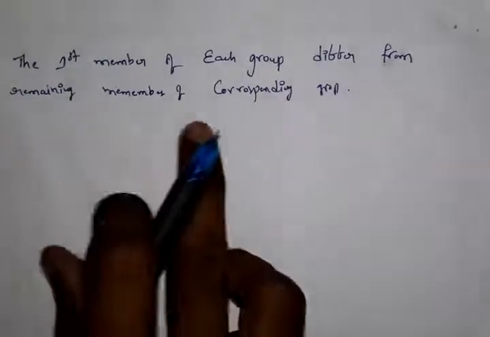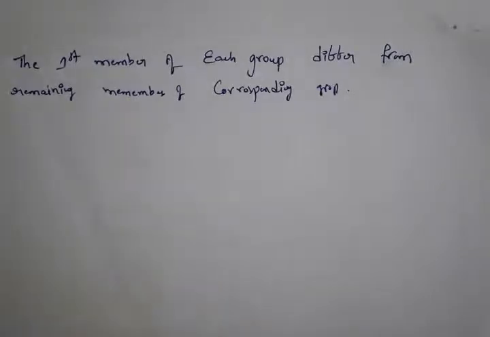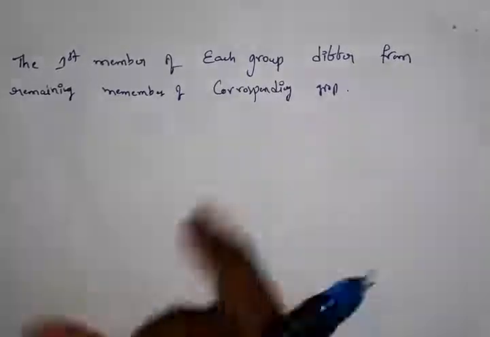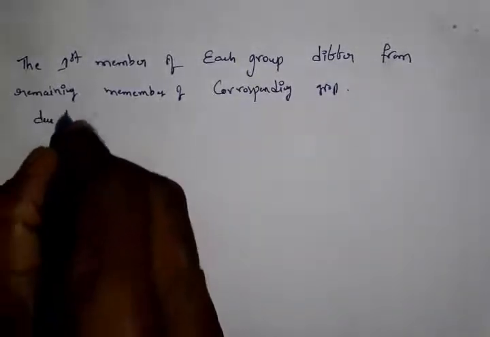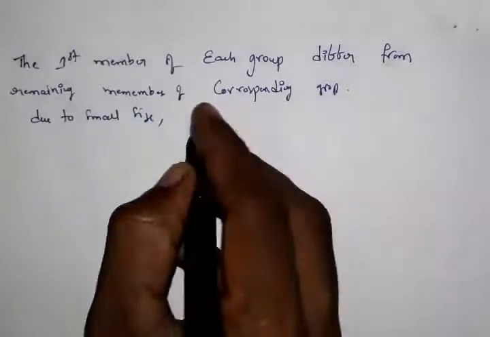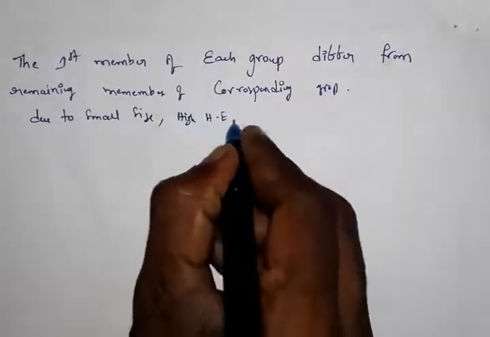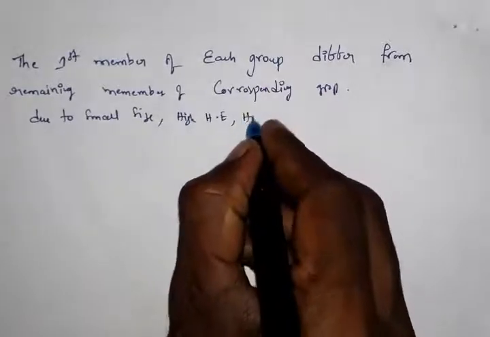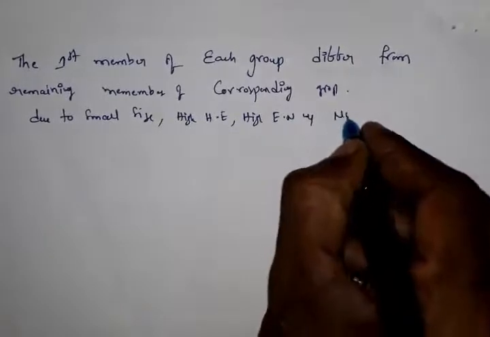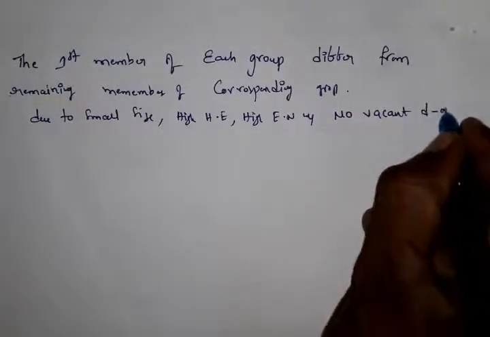The first member of each group differs from the remaining members of the corresponding group because of small size, high ionization enthalpy, high electronegativity and no vacant d orbitals.